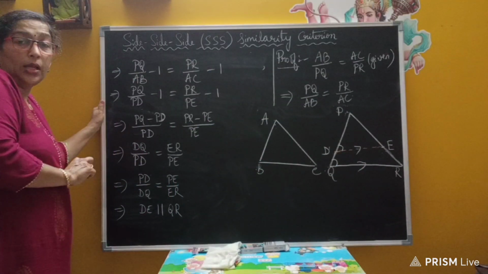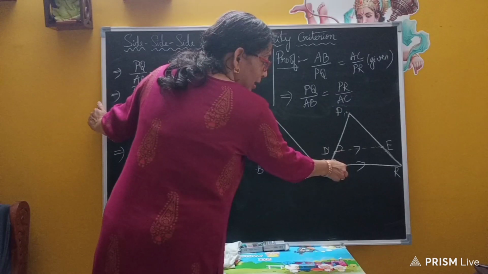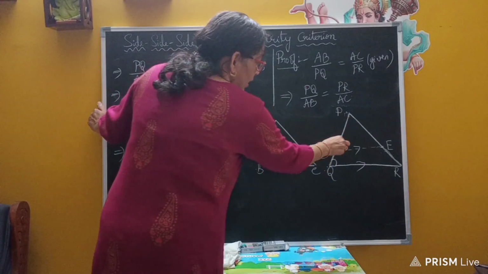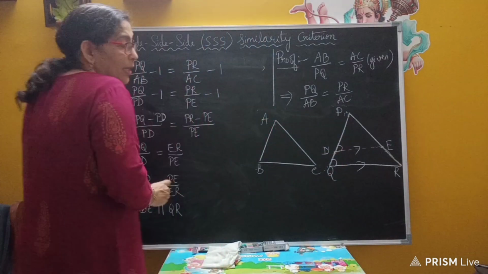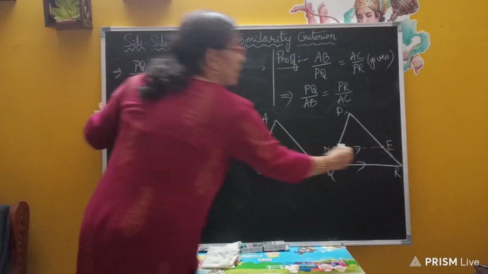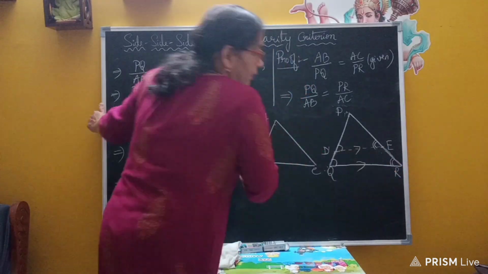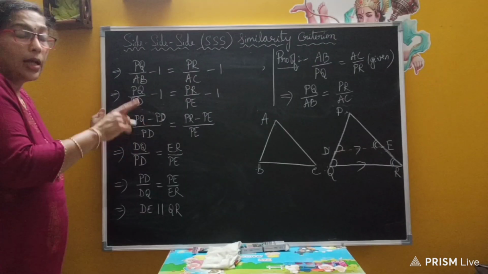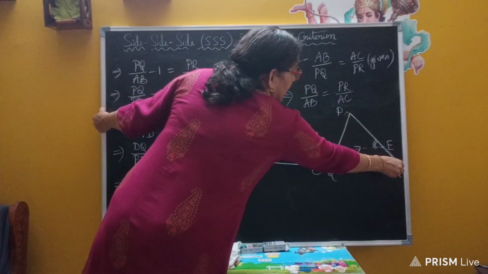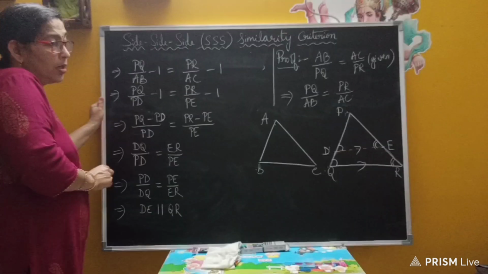They are corresponding angles. DE and QR are parallel lines and PQ is the transversal. Here D and Q are corresponding angles and they are equal. Similarly, angle E and angle R are equal, because PR is the transversal.